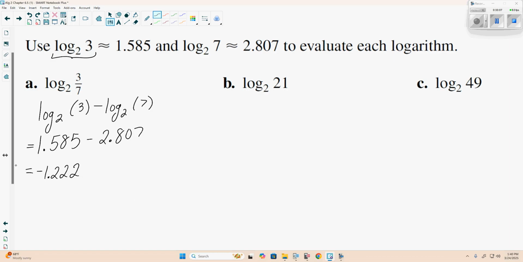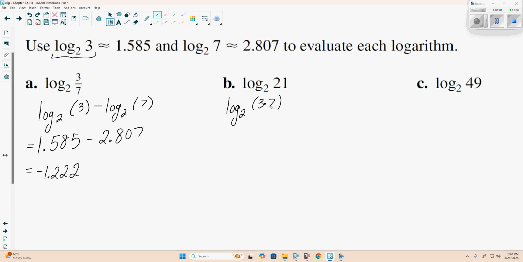Let's look at B, log base 2 of 21. Now we need to use 3 and 7 to get to 21. 3 times 7 is 21. Because our properties are product, quotient, and power, we're either going to be multiplying, dividing, or putting it to a power.